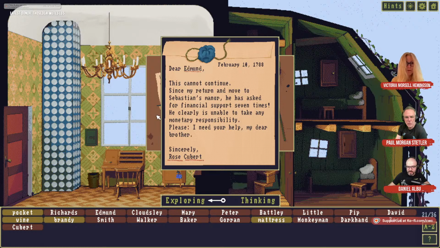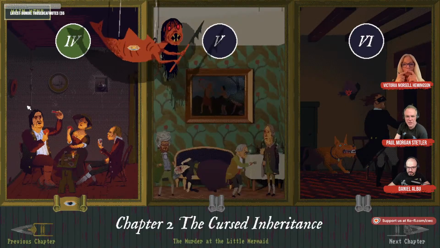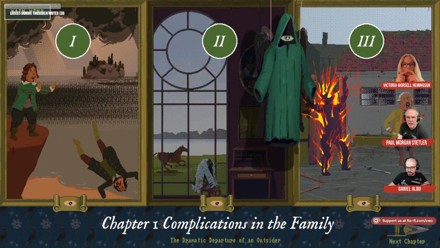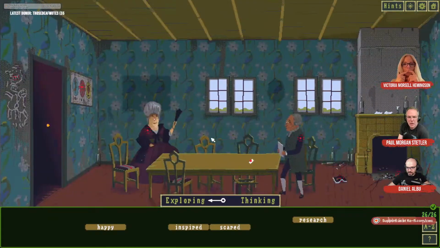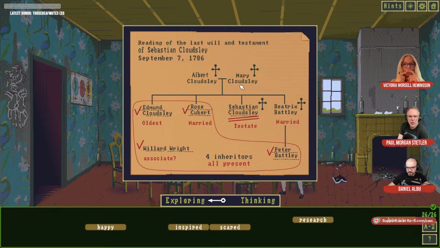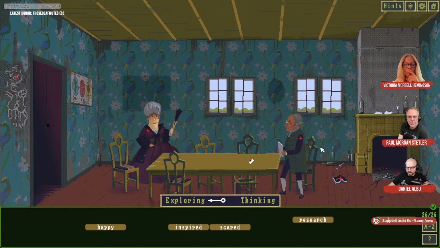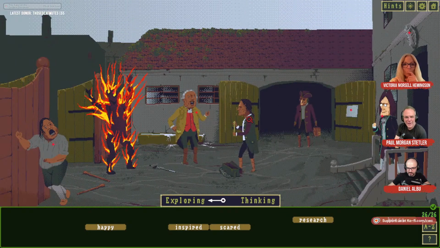Wait, could be sister-in-law. They were talking about his monetary responsibility in the previous chapter, right? Oh, Sebastian's dead. They moved to his house after he died. Good job going back to these things. Wait, is Rose someone's sister? Or was someone not financially responsible in this chapter, right?